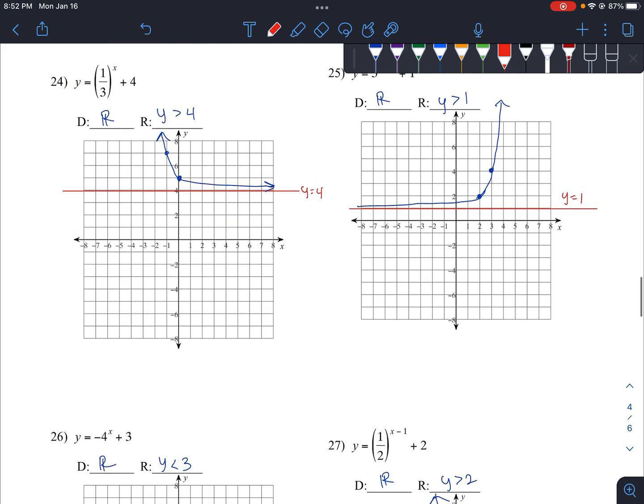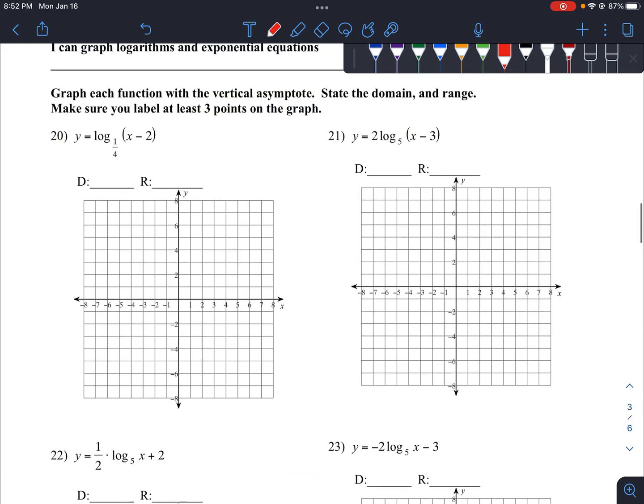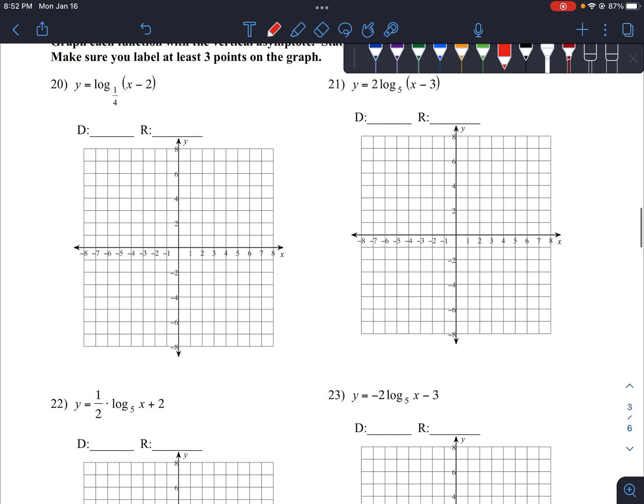Okay, now going back up to logarithms. So to explain logarithms, logarithms are the inverses of exponentials. So take the base. If this were an exponential with a base of 1/4 to the x, we would say it has a starting point here. It's decay, so it would have the next point right here, and the function would come down like this right here.